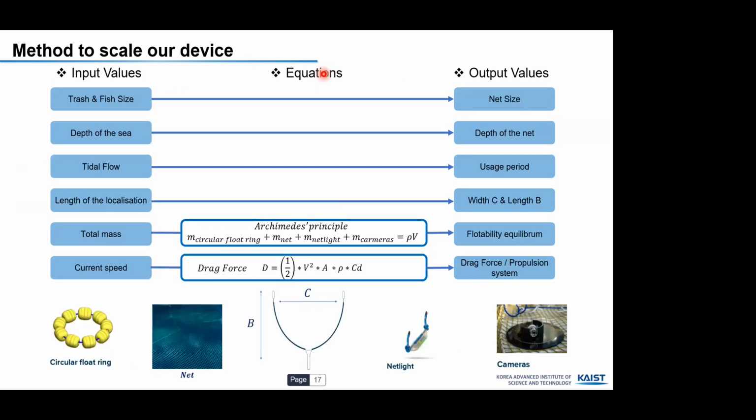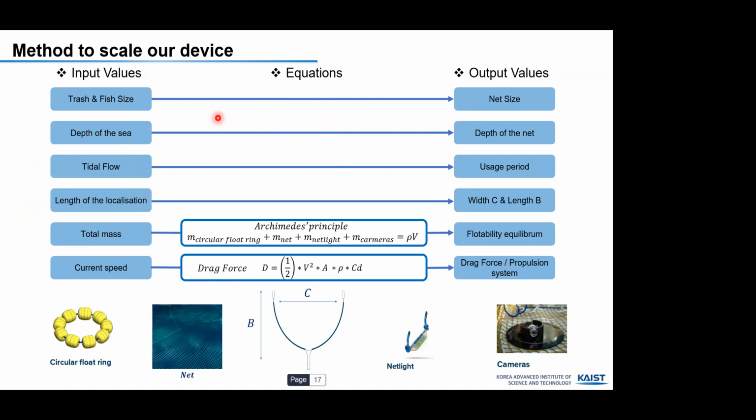And with all of these input values, we thought about a method to scale our device. Here you have all the input values that we thought about and looked for. For example, with trash and fish type, we can choose the net size. With the depth of the sea, we can choose the depth of the net, and so on.